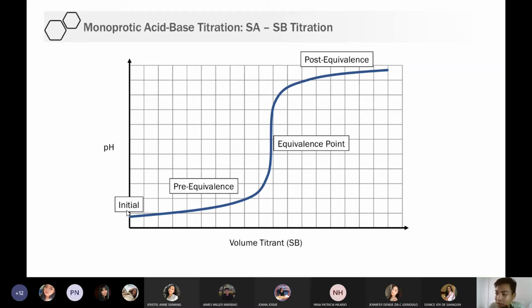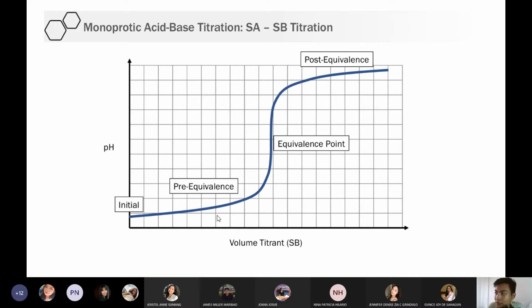Okay? So again, initial point, ito yon, wala kang dinadagdag na titrant. However, when you add titrant, onti-onti tataas yung pH. No? Mas nagiging basic yung solution. And once na biglang magkaroon ng sharp change, yun yung equivalence point. May sudden change sa pH, and we call that the equivalence point.